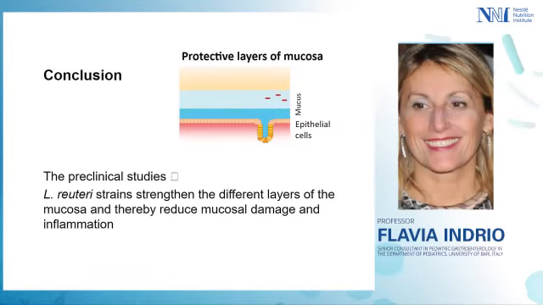The preclinical studies show that reuteri strengthens the different layers of the mucosa and reduces the mucosal damage of inflammation. But this is the introduction, as we start to have all the studies in children.